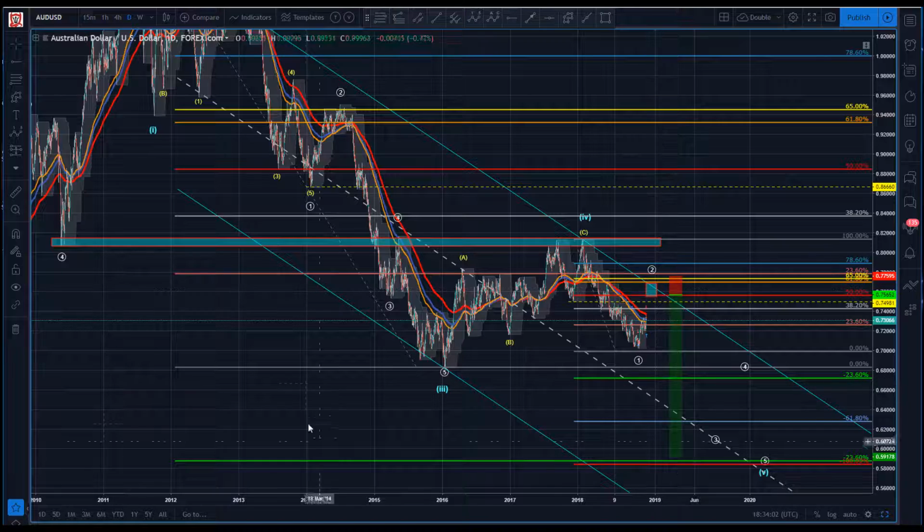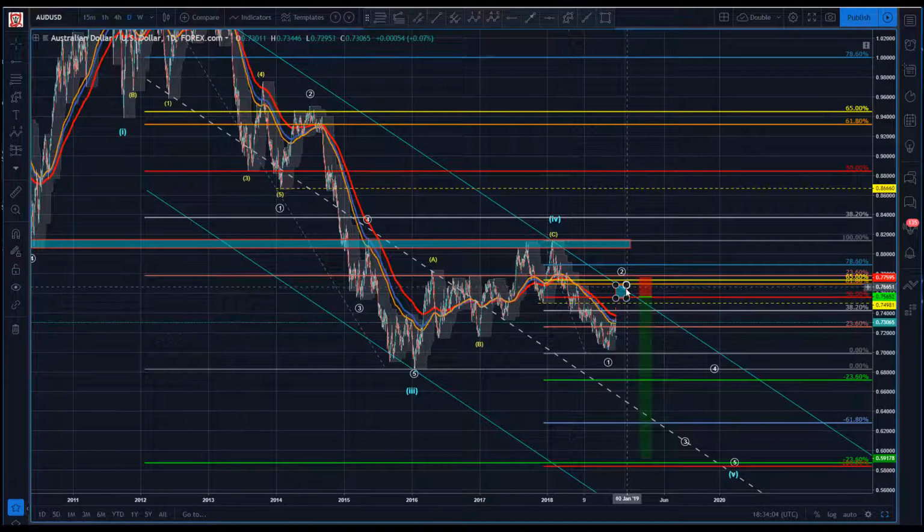Right? So if you're an FX trader, as I often like to say, why would you not take that trade? So what would be the alternate? So the low is already in, and this is 1, 2. I suppose, right? It's still internal as long as we stay above this pivot.